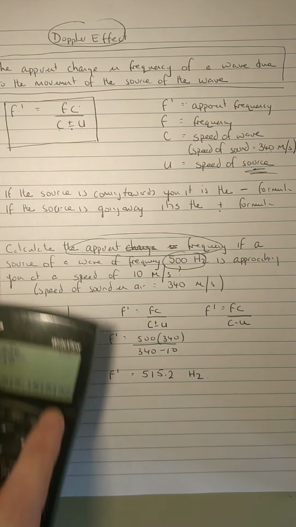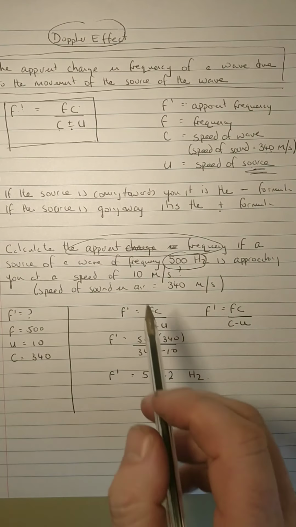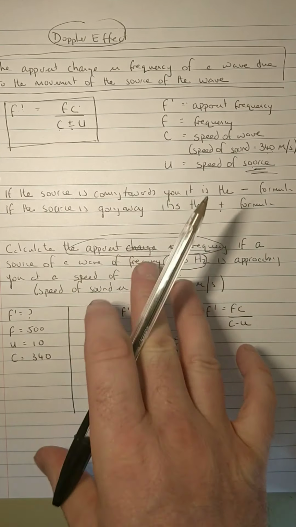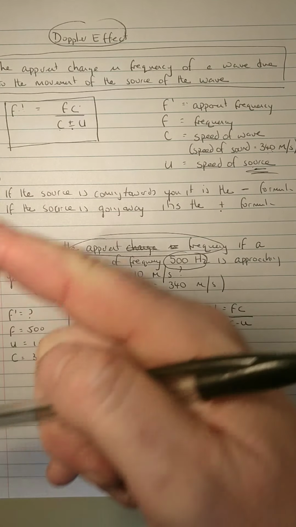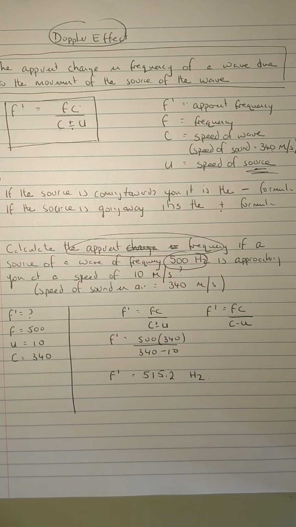And that's it, and that's what you will be doing. Now you have to decide the plus or minus. That's the important bit. I'm going to give you two basic questions on that to practice now, and we'll have a look at more of them on Friday then.